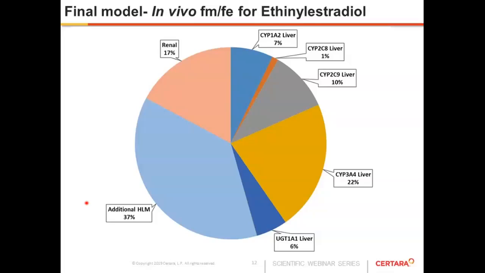Before we built the EE model, the first thing we did, even though we didn't develop a model for the progestin, was to have a look at different clinical studies to see if there was a difference between the exposure of ethinylestradiol with or without the progestin. There are quite a number of clinical studies that evaluated the exposure of the estrogen component in the presence and in the absence of the progestin component.